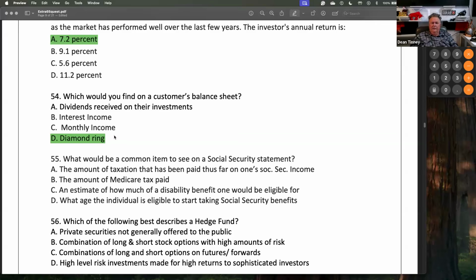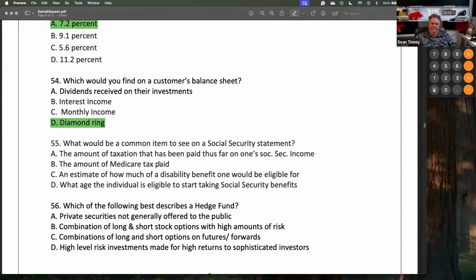What would be a common item to see on a Social Security statement?